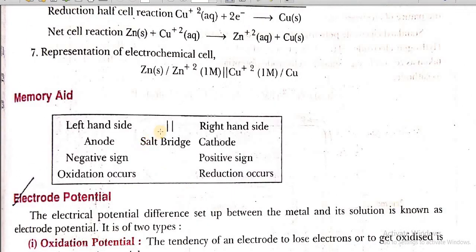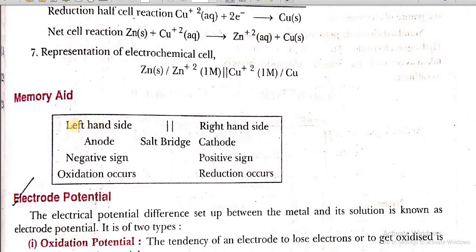So just to remember the different processes that occur in electrochemical cells: on the left hand side, on the right hand side, and in between we have the salt bridge. On the left hand side the anode is there, on the right hand side the cathode. Negative sign, positive sign. Oxidation occurs, reduction occurs.